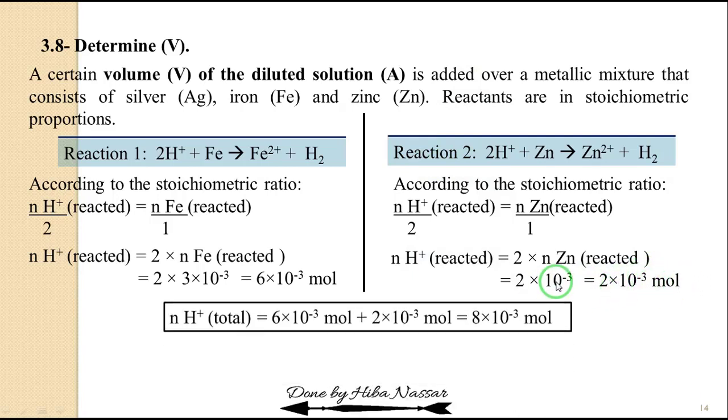So here I'm gonna add the total number of mole for H plus ions present in solution A and reacting in reaction 1 and reaction 2. It's equal to 6 times 10 to the power minus 3 mole, which is reacted in reaction 1, plus 2 times 10 to the power minus 3 mole, which reacts in reaction 2.